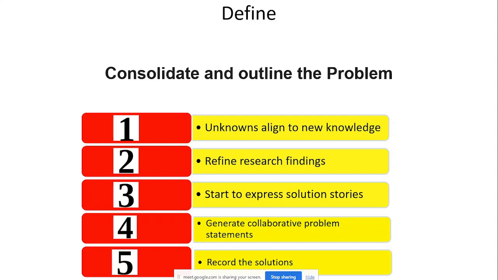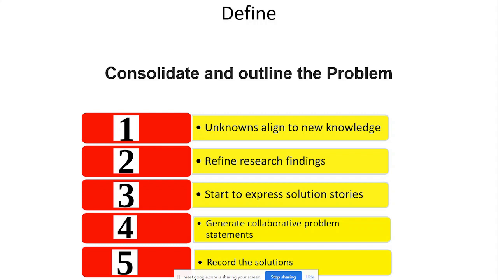So how do I define the problem? What are all the unknowns available with that problem? First, I have to identify what I know and what I don't know. Likewise, I classify the problem. After classification of the problem, I refine the research findings. I may collect the data from these what, why, how questions.